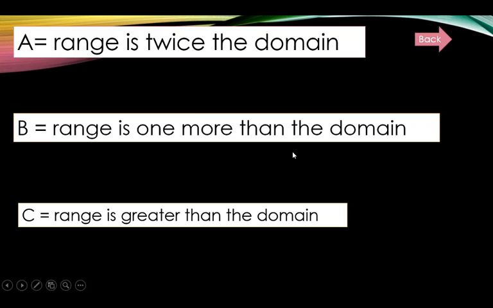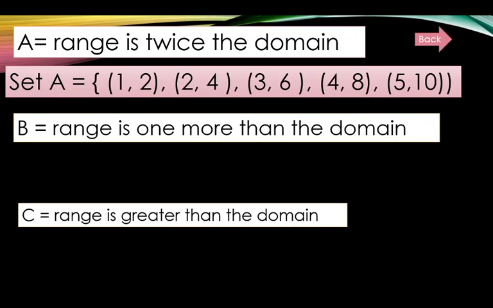So let us have set A. Range is twice the domain. We have (1, 2). The domain is 1. The range is 2. It means that the range is twice the domain. Another one is (2, 4). This is the domain 2, and this is the range 4. That is twice the domain. (3, 6).